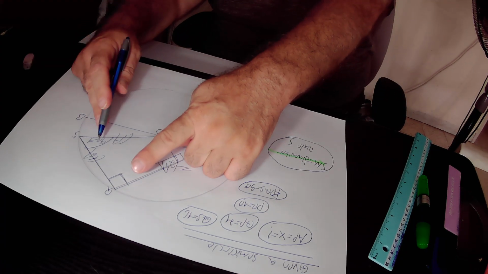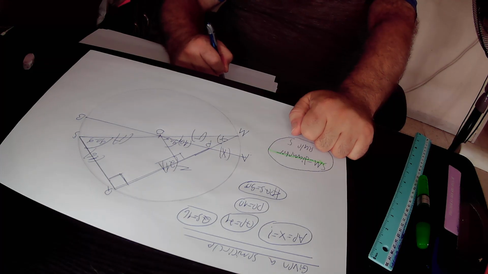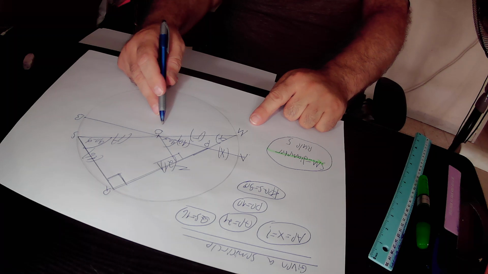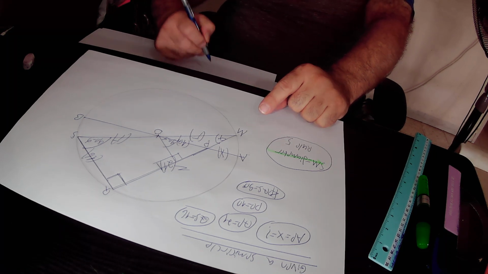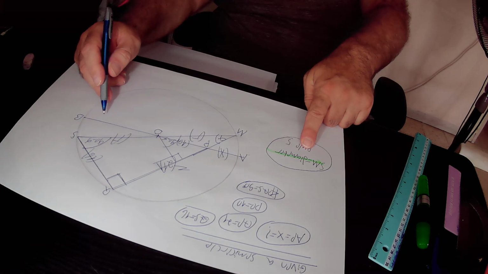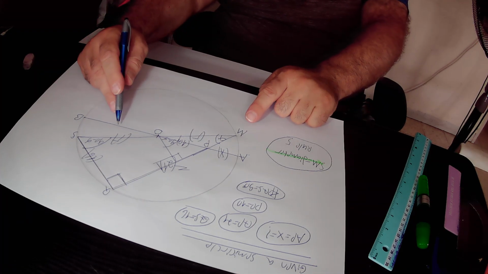Over SQ, which equals 16 units in length according to what is given in the question. OM is the radius of this circle, that is R, over SM. SM is the diameter of this circle, that is 2R.